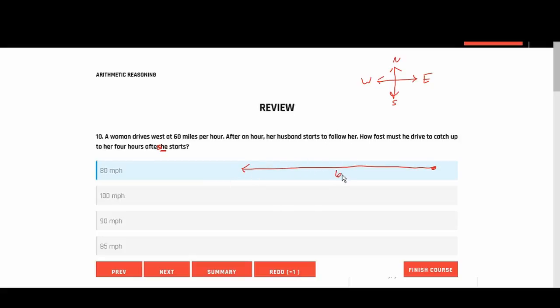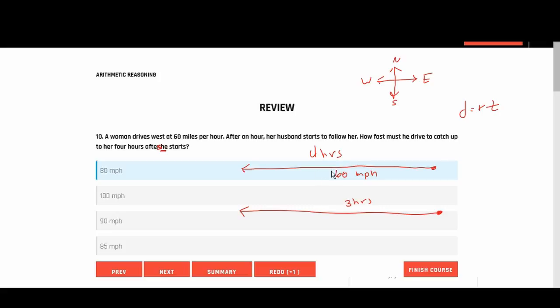She's going at a rate of 60 miles per hour, and she's traveling for 4 hours. Again, I gotta fix that. We're told that he leaves an hour after she leaves, which means he only has 3 hours to catch up to her, and that's all we know about him. Okay? In light of that, we have to use the distance formula, namely distance equals rate times time, twice to solve this problem.